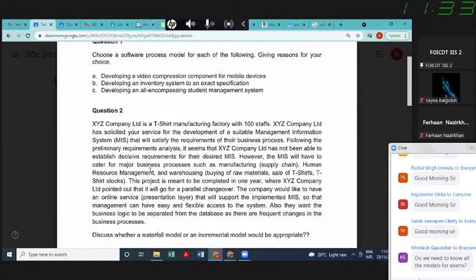Sir, can we use the spiral model for that? For this part C, just to confirm? Yes, because we will be storing student data, like personal data that is very sensitive, as you said.